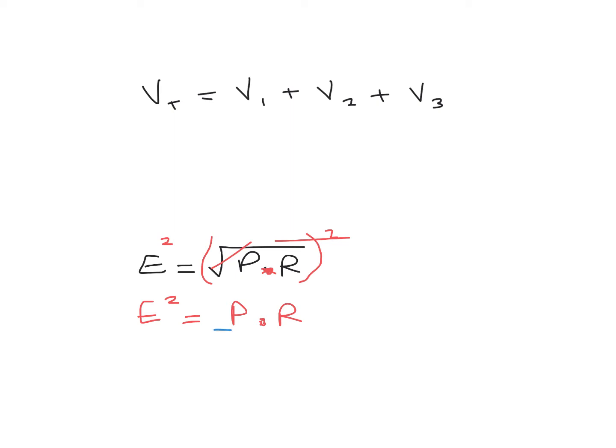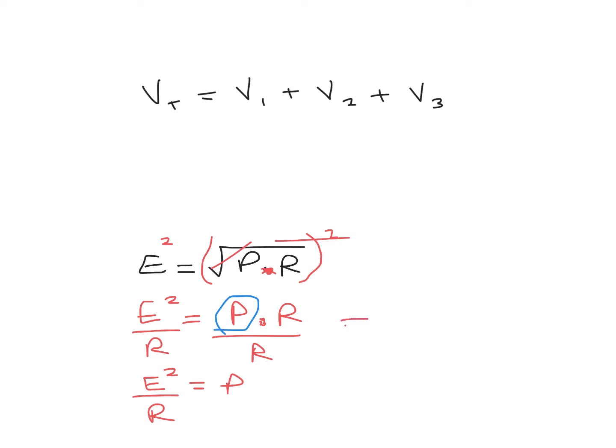If I circle the power, I want to get the power by itself, I'm going to get rid of the R. So I'm going to divide both sides by R, and I would be left with a new formula that states power can be found by taking the square of the voltage and dividing by the resistance.